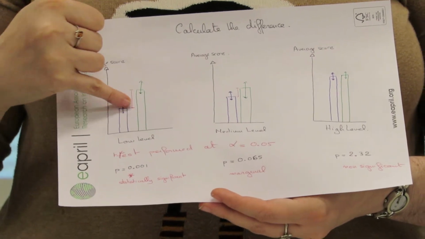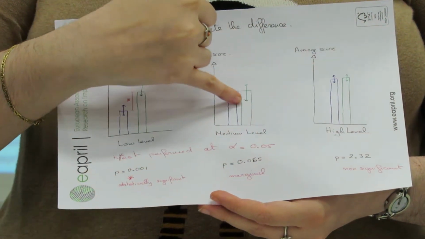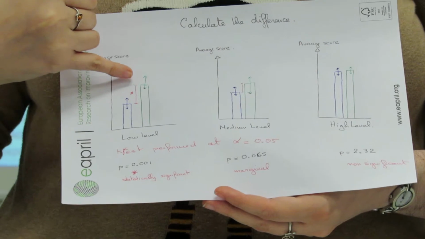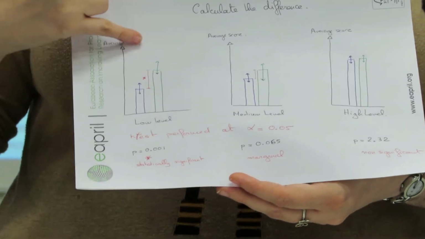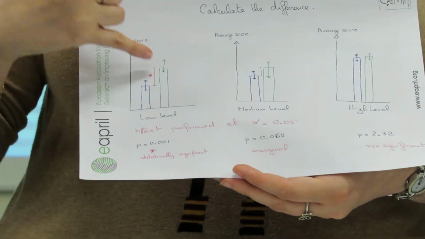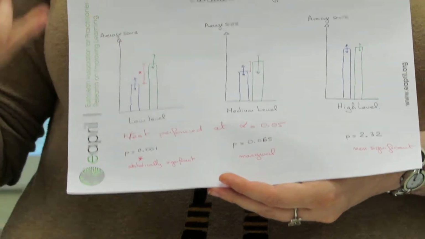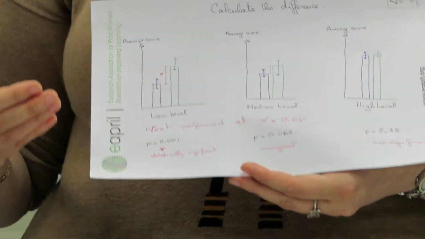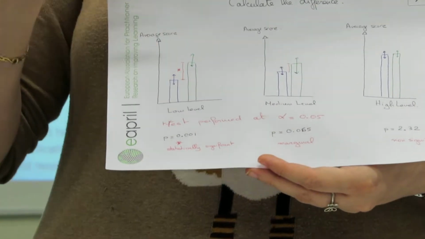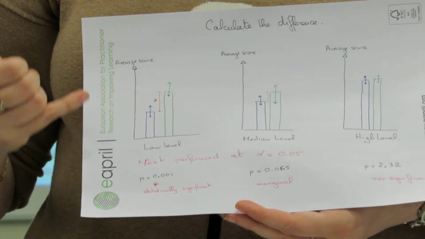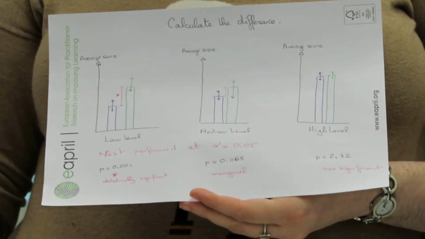So if there's a big difference, you can see that you have the average, which is very different. So you're going to have a little star there, which shows that the statistical test we did, which is called a t-test, showed a statistical difference in the results.